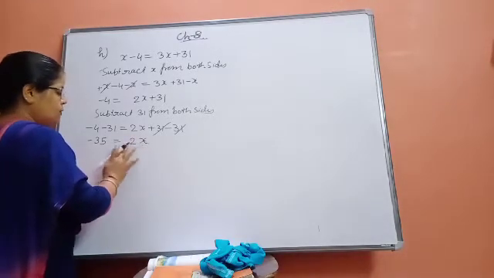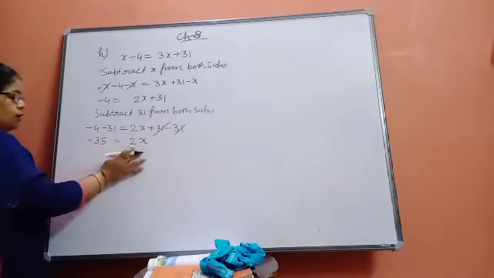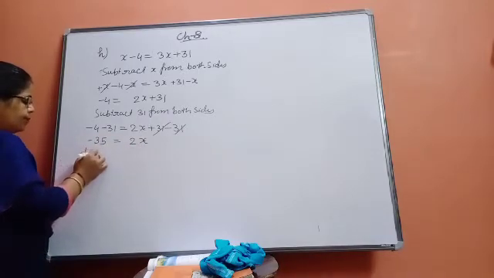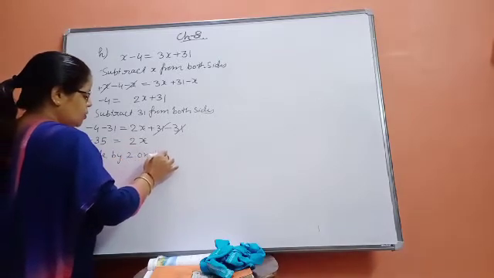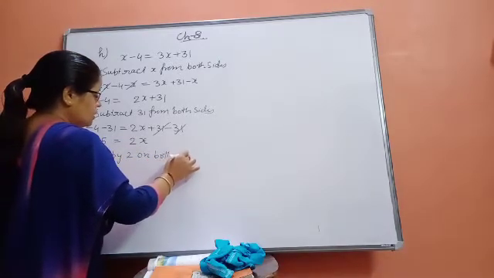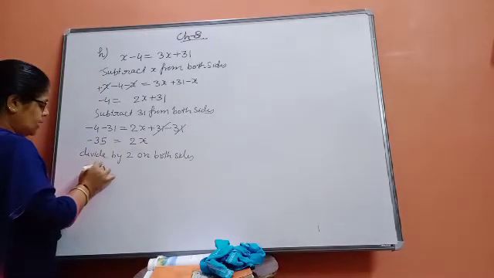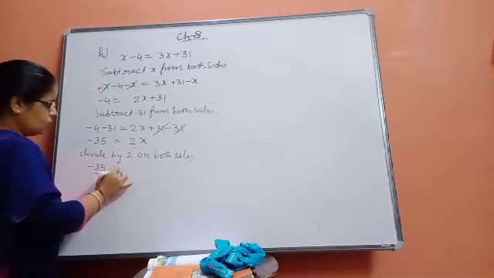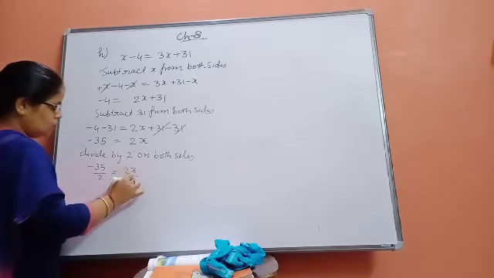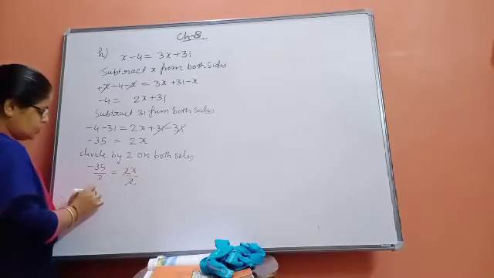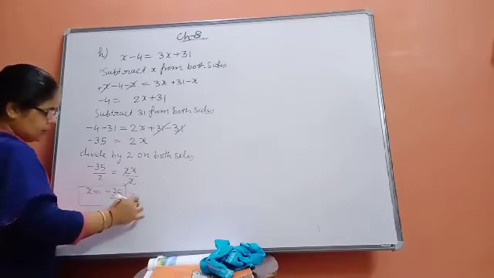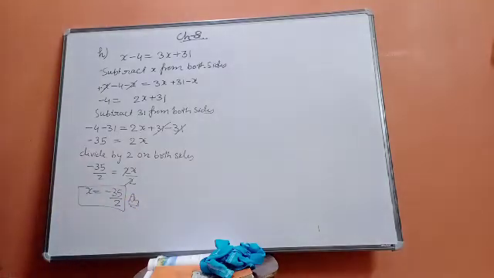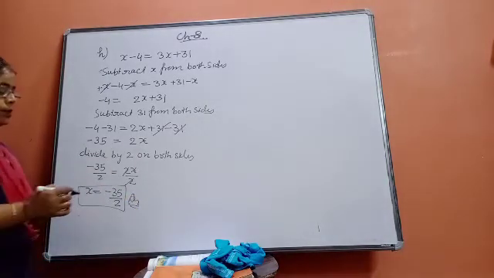So the same operation we will do on the left side also. Divide by 2 on both sides. So it becomes, beta, minus 35 upon 2 is equal to 2x upon 2. 2 and 2 will be cancelled. So x is equal to minus 35 upon 2, and this will be your answer. In this way you will complete the H part of the question.